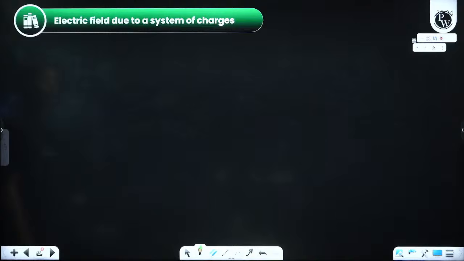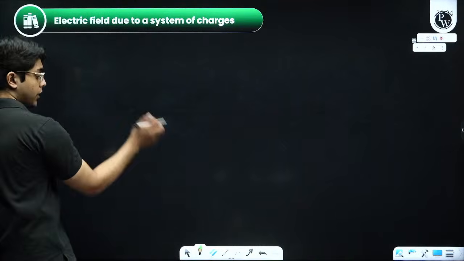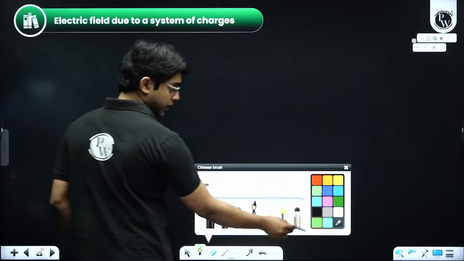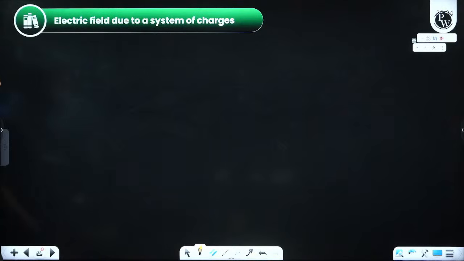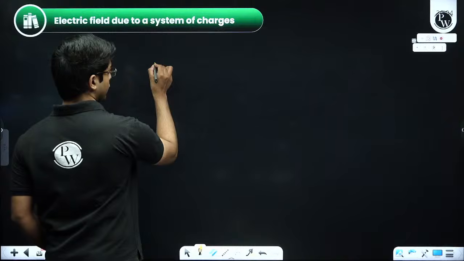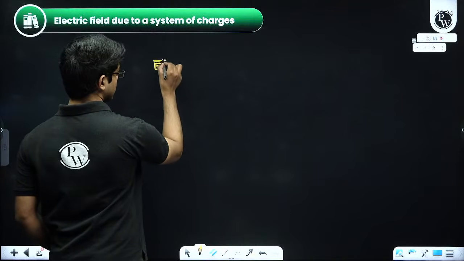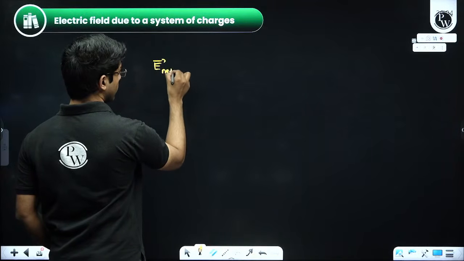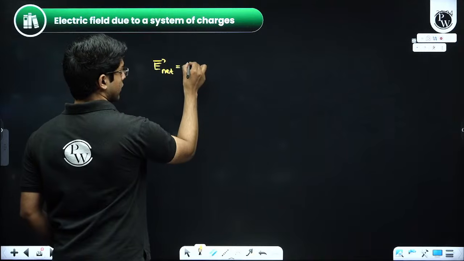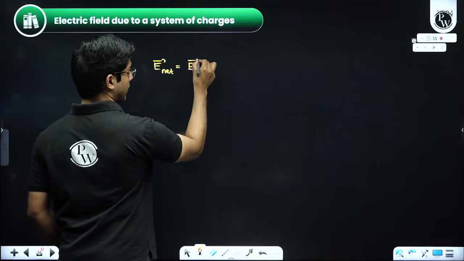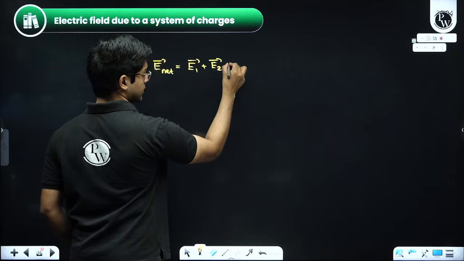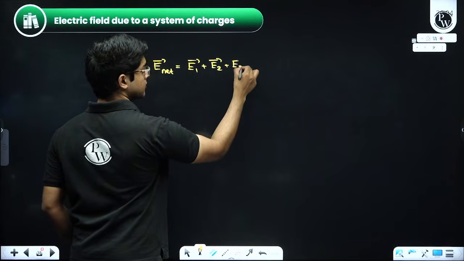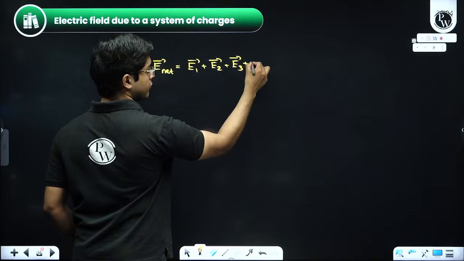Now how do we write electric field due to multiple charges? It's the same way we learned for the forces. If you want the net field due to multiple charges, you find them individually and add them vectorially. We'll do a question to understand this. It's the same method we did for the forces.